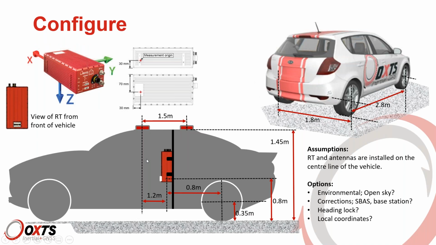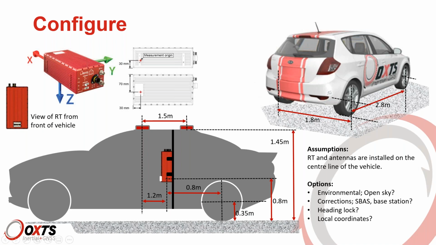So this is the data that you need to take when you are configuring the unit. So this is just from the RT to the antenna, as well as from the antenna to the wheelbase of the vehicle if you are using the lateral slip, as well as taking note of what orientation the RT is in the car.